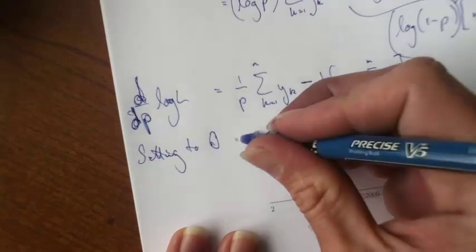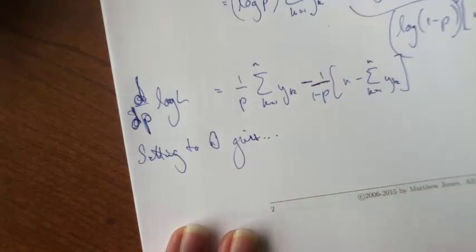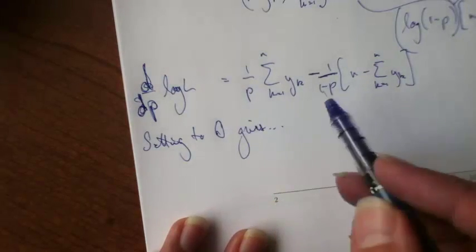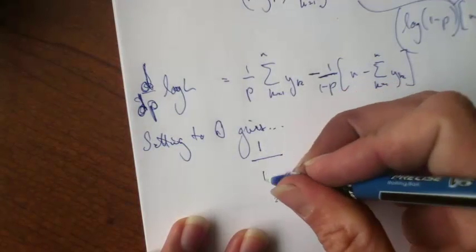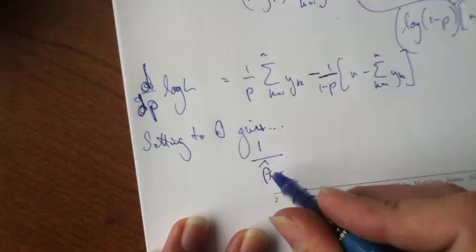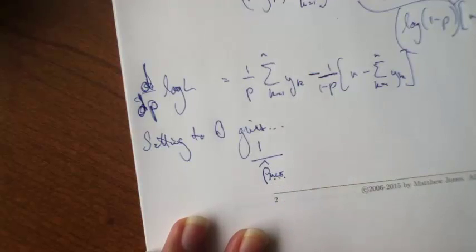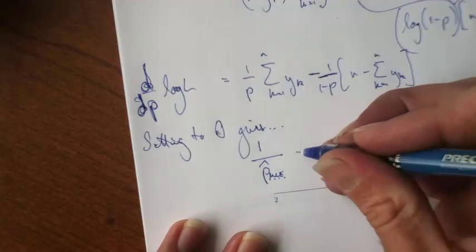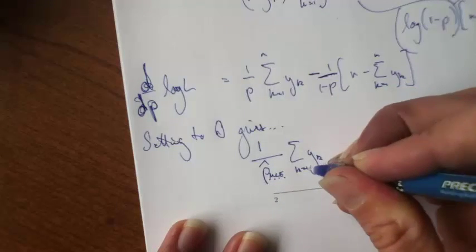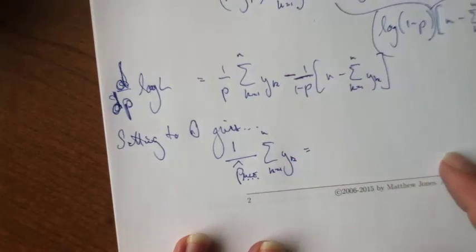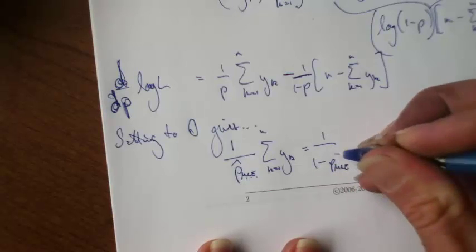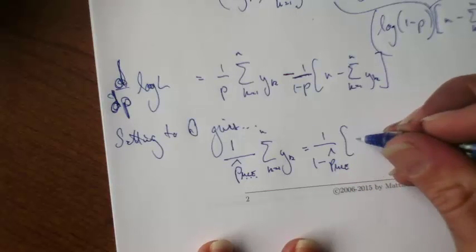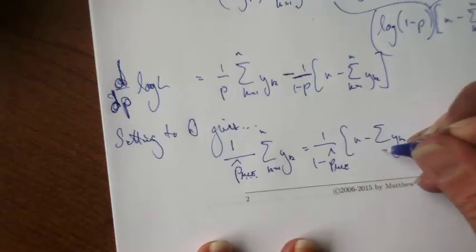When I set this equal to 0, the value of p that solves that is going to be our maximum likelihood estimator. So I'm going to write it with a hat for estimate, MLE for the kind of estimate, just to indicate that this is our maximum likelihood estimator. Equals 1 over 1 minus p hat MLE times n minus sum of the yk.